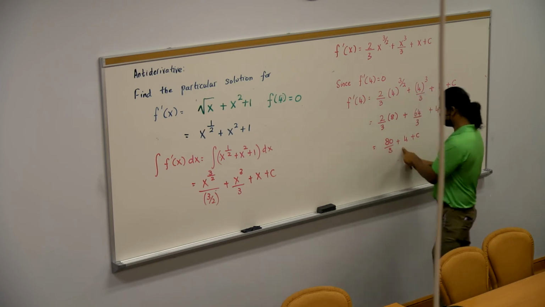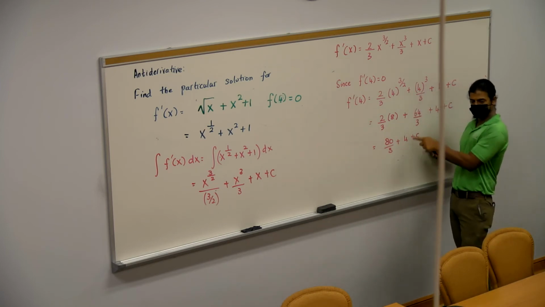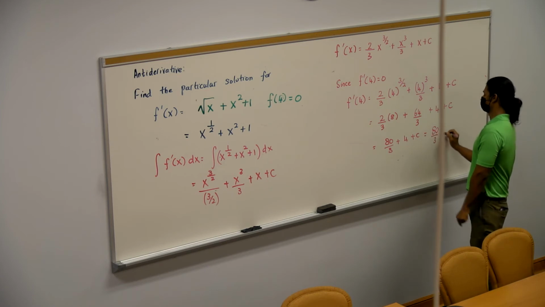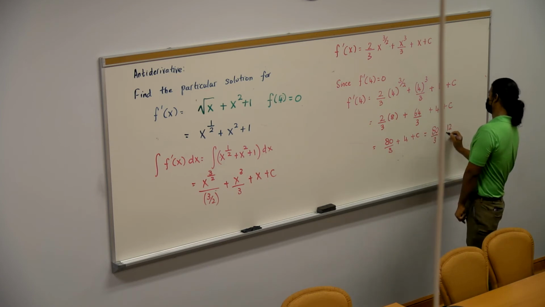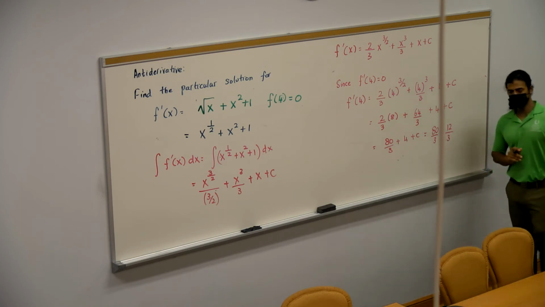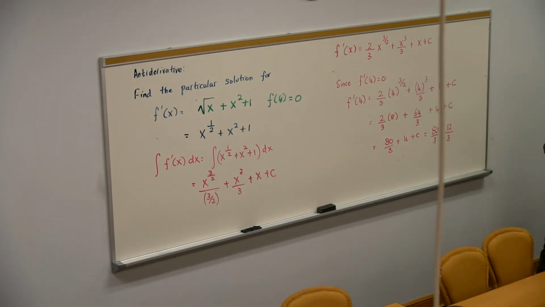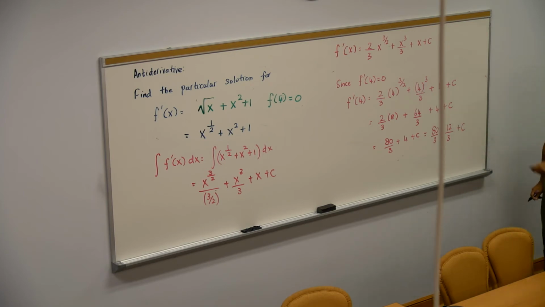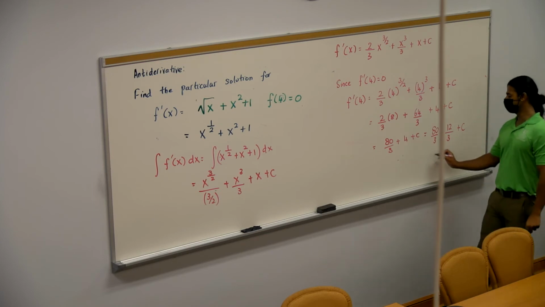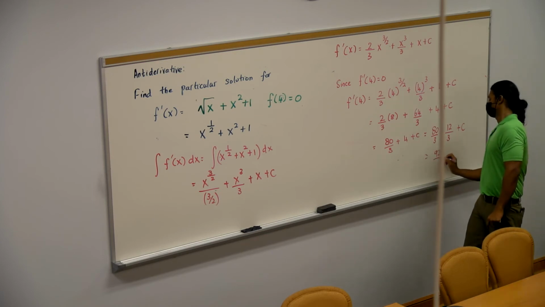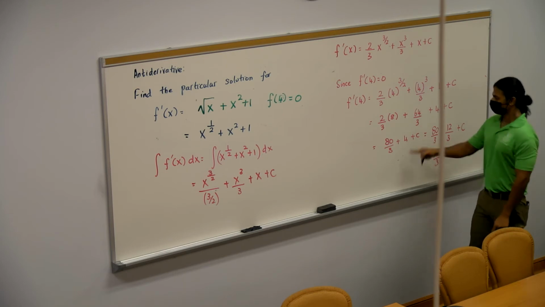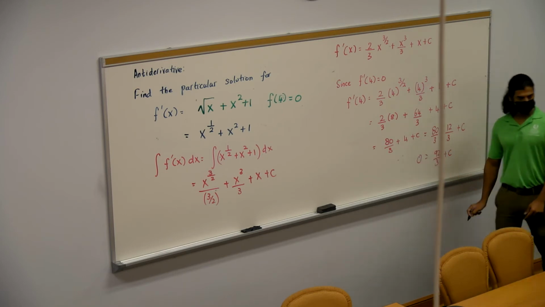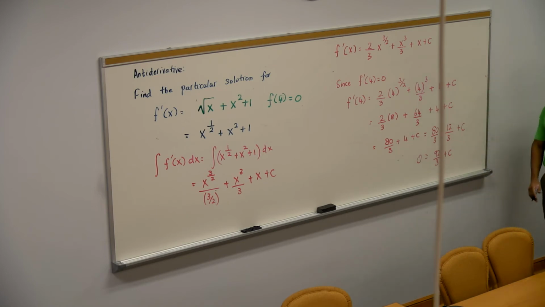I need a common denominator here, so multiply and divide by 3. 4 times 3 is 12, so I get 12/3. So c plus 92/3 would be equal to f prime of 4, which is 0, given in the problem.